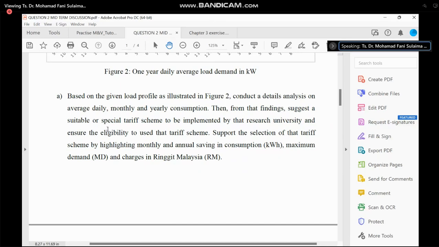They have given a hint here about the special tariff, and of course be aware that the special tariff for C1 is OPTR, off-peak tariff rider, which is a 20% discount for off-peak.